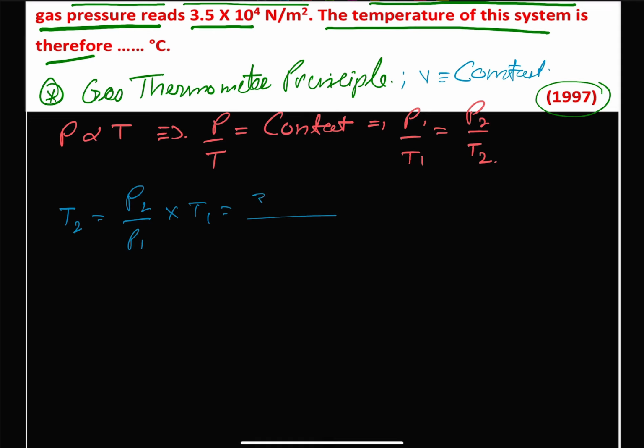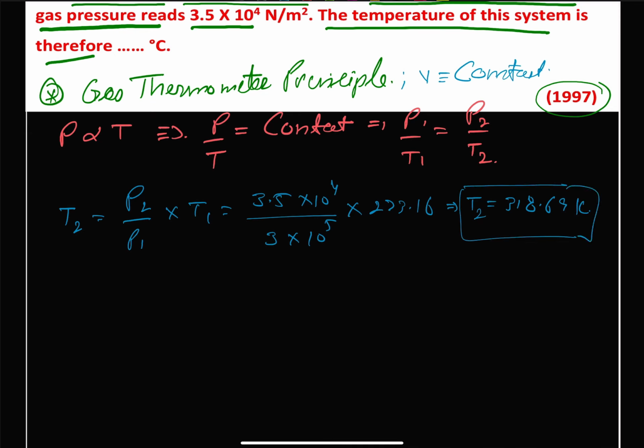This comes as 3.5 into 10 to the power 4 upon 3 into 10 to the power 4 multiplied by 273.16, which gives us that T2 is approximately equal to 318.69 Kelvin. So this was quite simple. Next question.